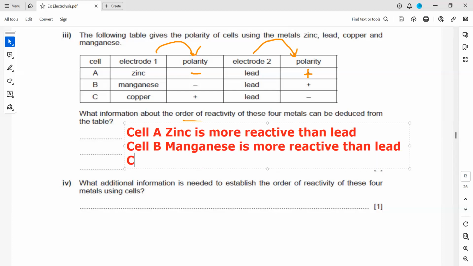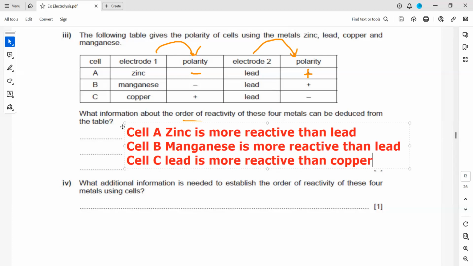Then cell C shows that lead is more reactive than copper because lead is negative and copper is positive. So we can conclude that copper is the least reactive.